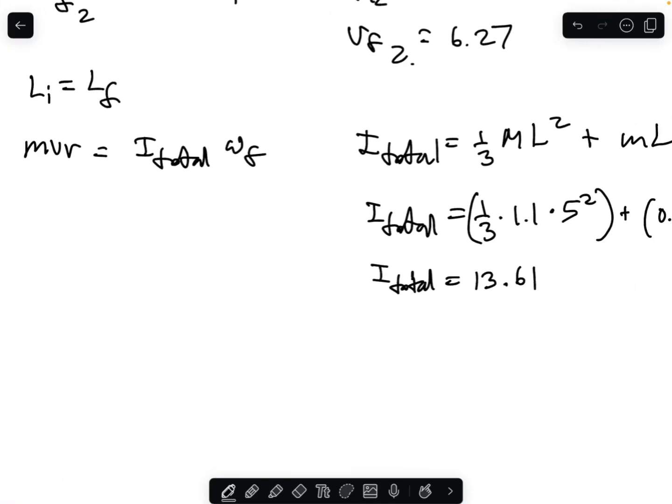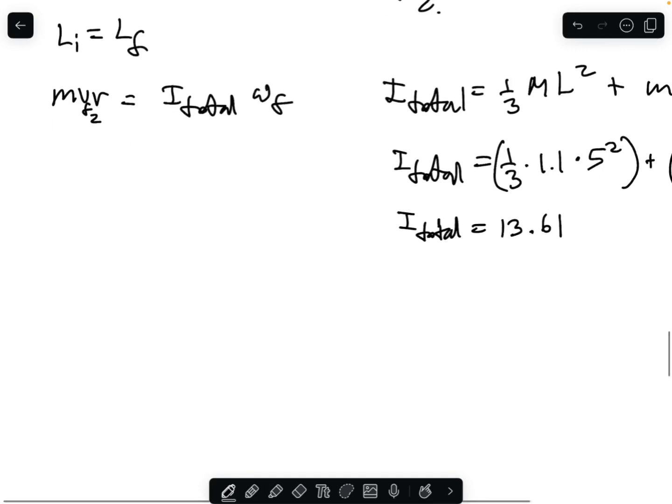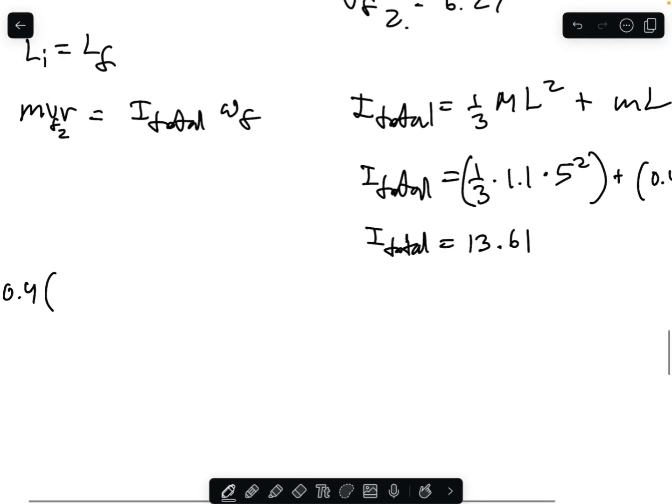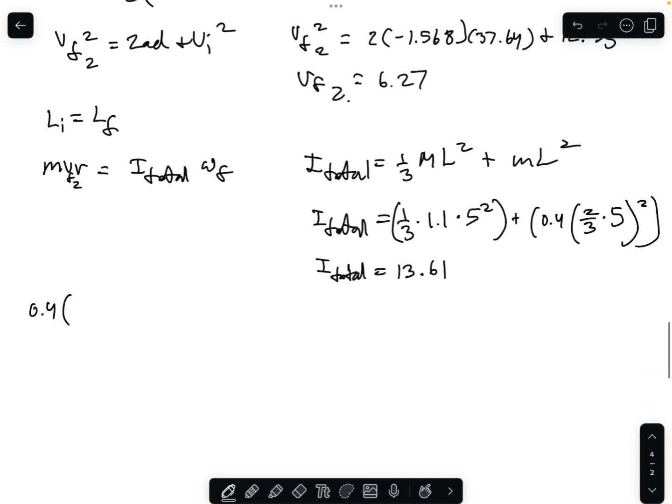And then after that, I can plug in everything I know. This is vf. Okay, 0.4 times vf, which is the final velocity after it travels that 37.64 distance.